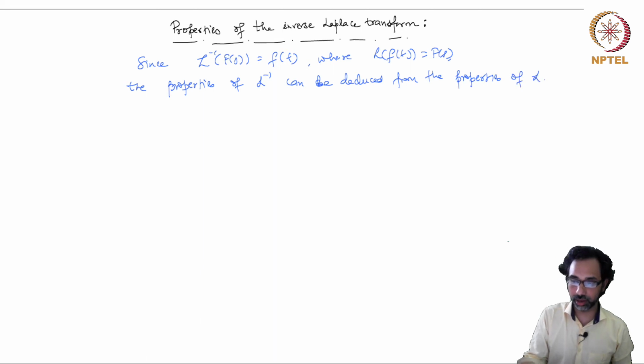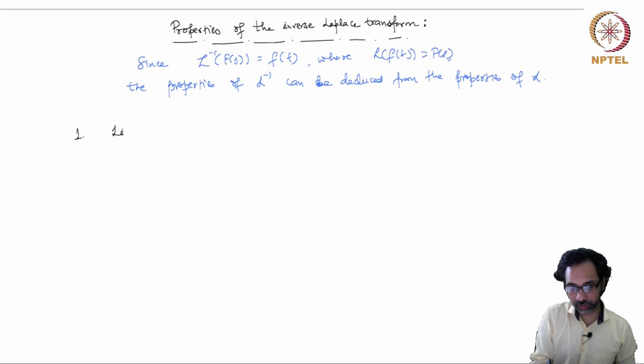So for example, the first property is linearity.